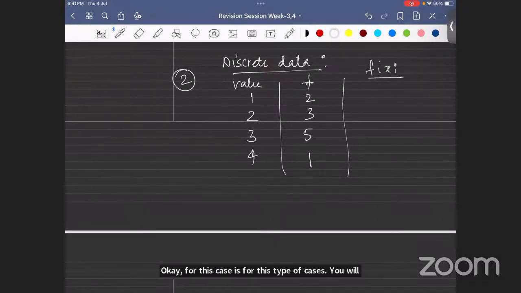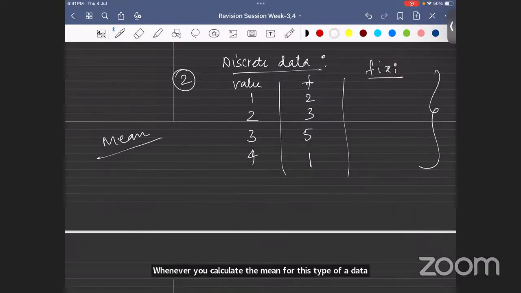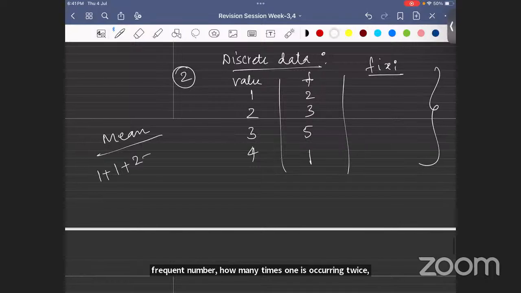So whenever you calculate the mean for this type of data set, what will you do? For 1, the frequency tells how many times it occurs: twice, so you add 1 plus 1. Similarly, 2 occurs thrice, so 2 plus 2 plus 2.